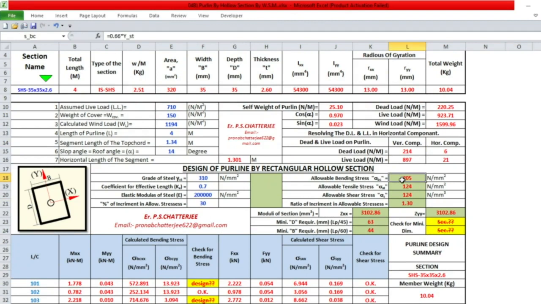Allowable bending stress 0.66 YST. This is YST. Allowable tensile stress 0.4 YST is equal to 124. This is also 124. Ratio of allowable stress is 1.3.